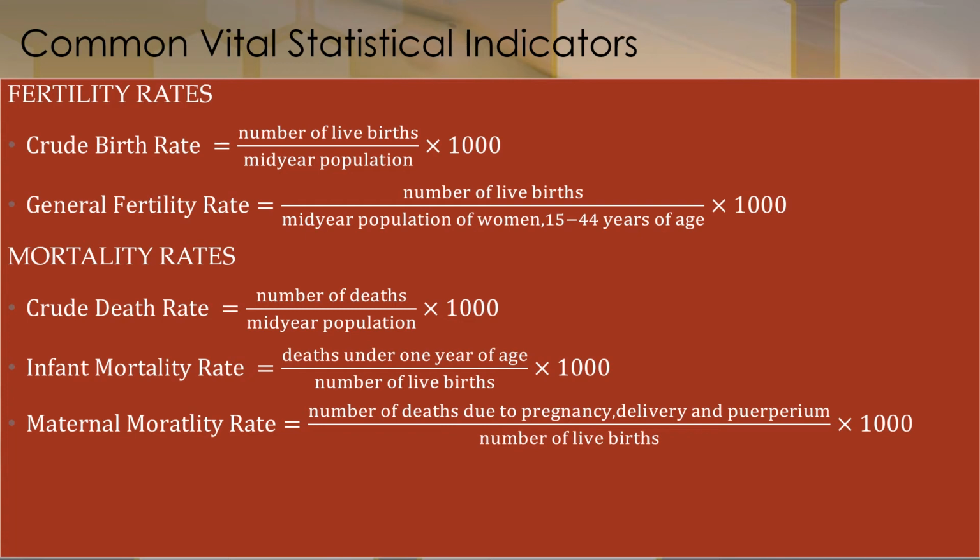actually gives us an idea of the overall state of health of a specific community, because maternal mortality would affect not only the baby, but the whole family. If there are a lot of maternal deaths, if the rate is high, we would like to check what causes this.